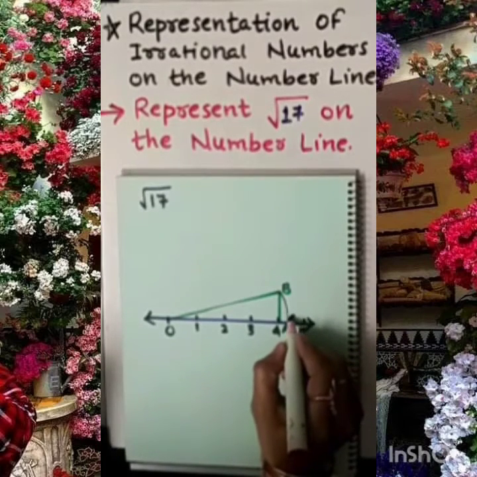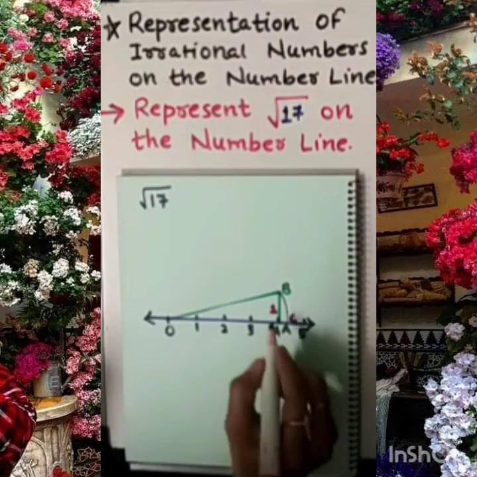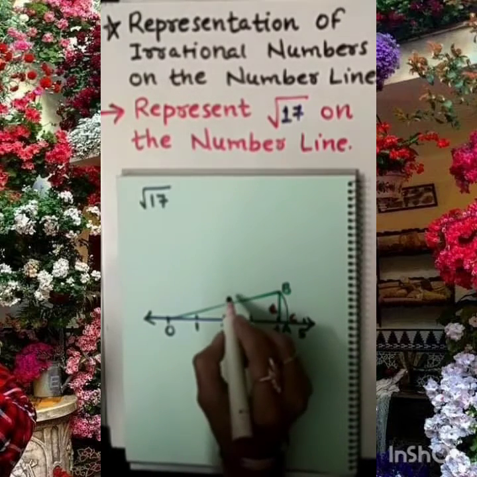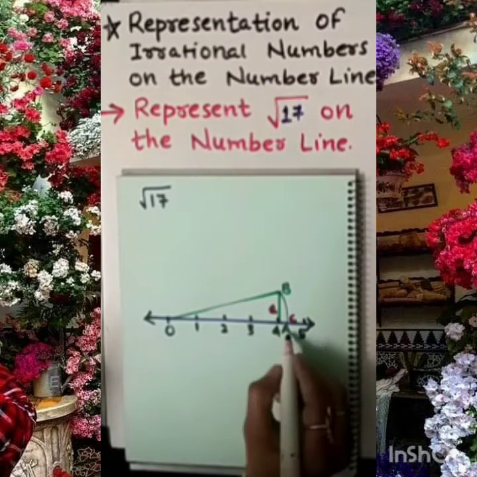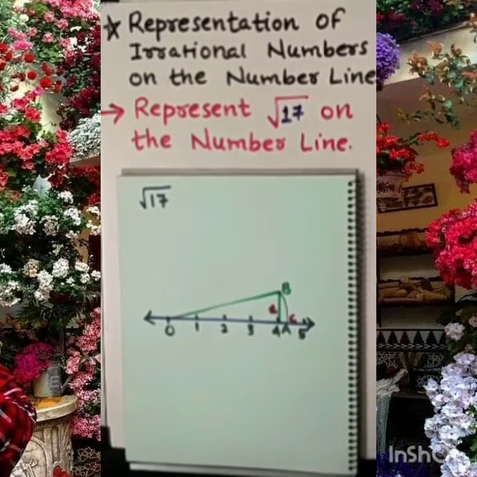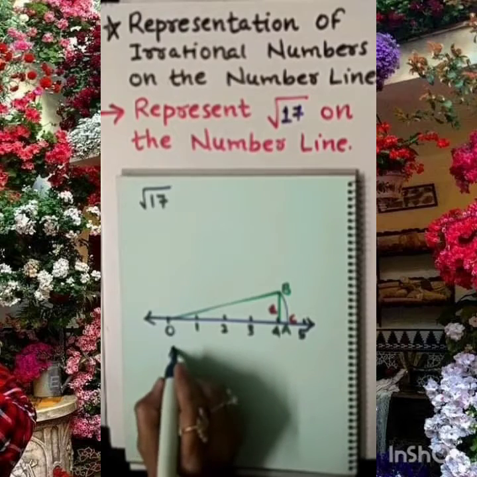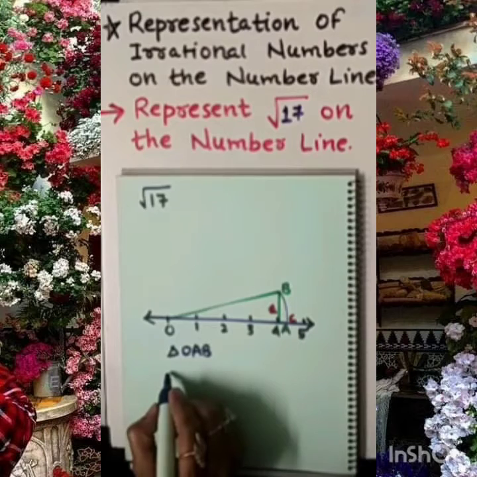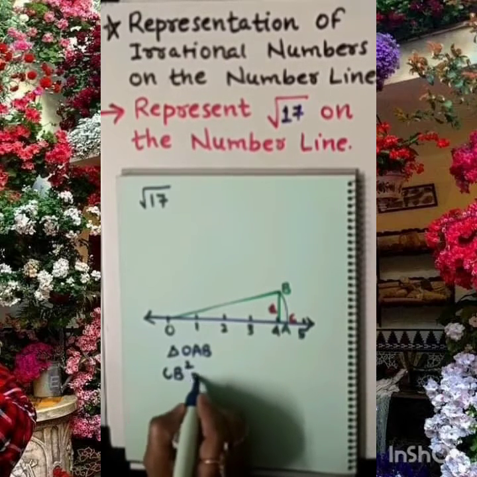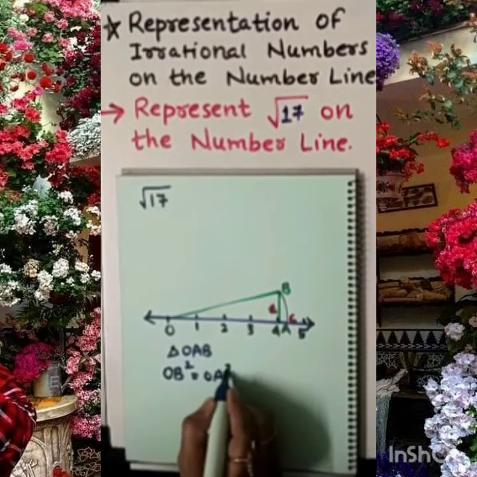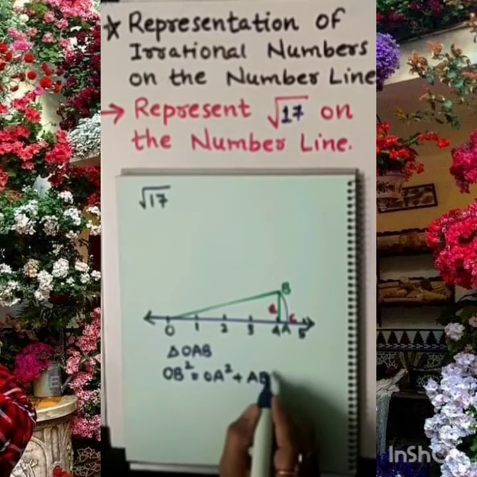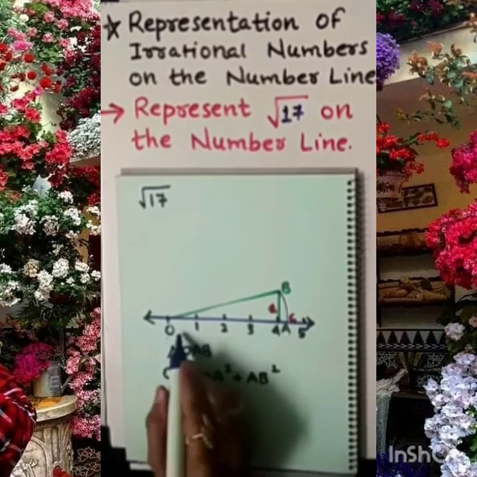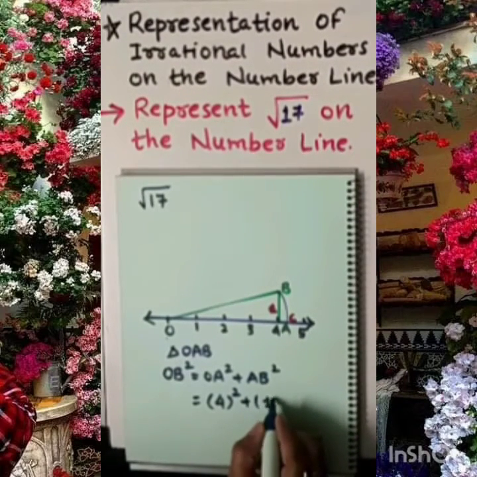As usual, this was 1 unit. This point is 1 unit, so this is 1 I am considering. And how to measure this? This is already 4 units. So which triangle am I talking about now? Triangle OAB. For triangle OAB, can I say OB square equals OA square plus AB square? So OA is 4 units, and AB we have taken 1 unit.